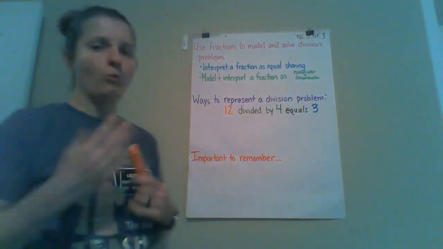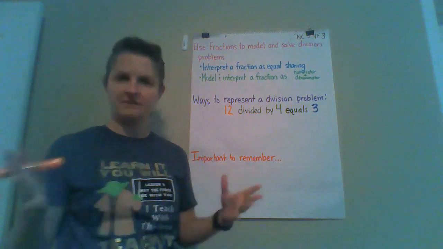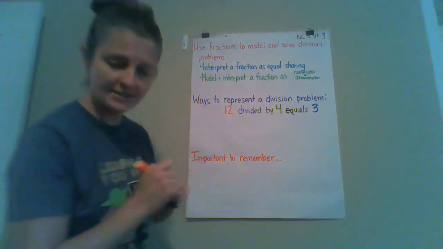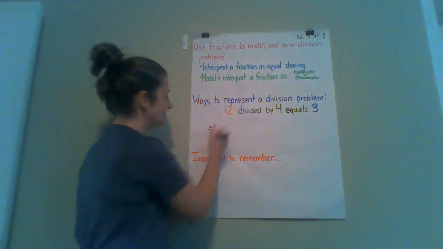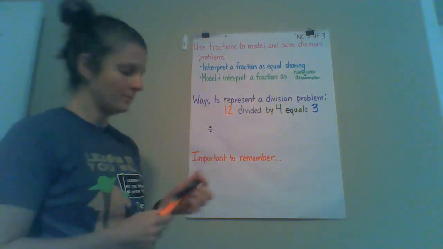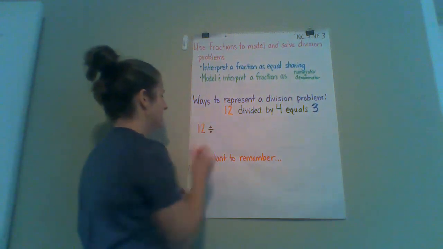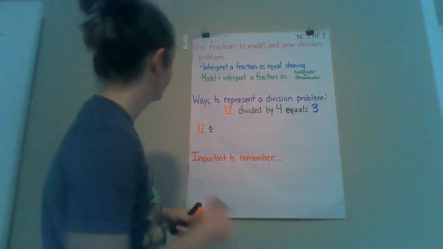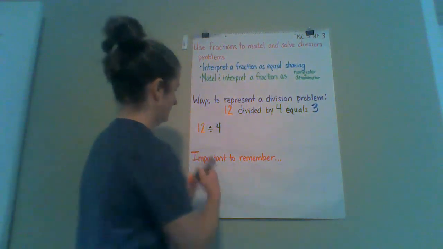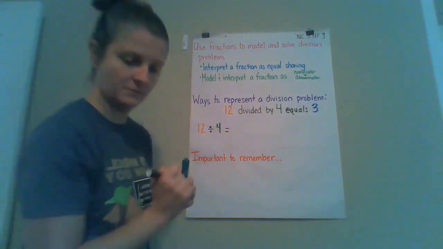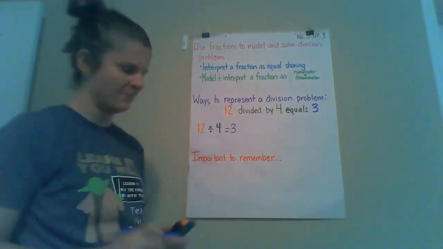So one of the ways that you learned to divide was with this division symbol, right? So if we were to rewrite this problem, we might say 12 divided by 4 equals 3. So that's one way that we can represent it.